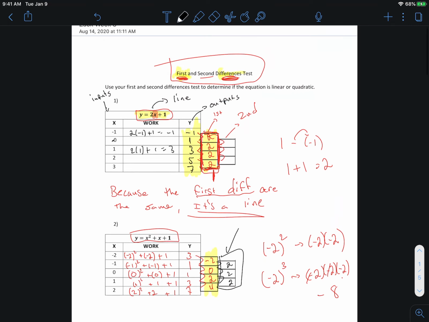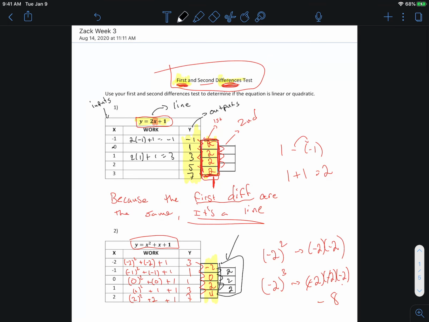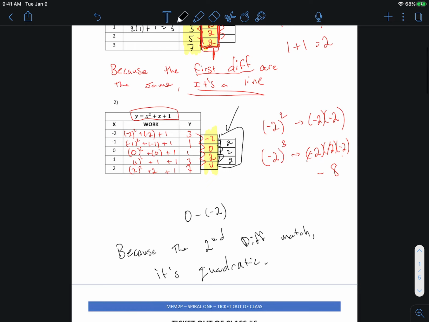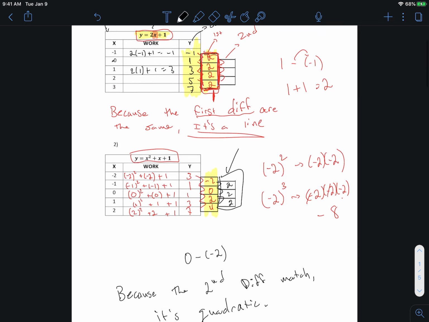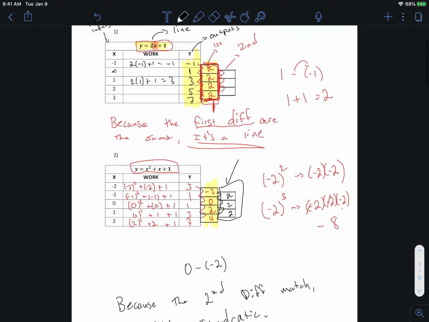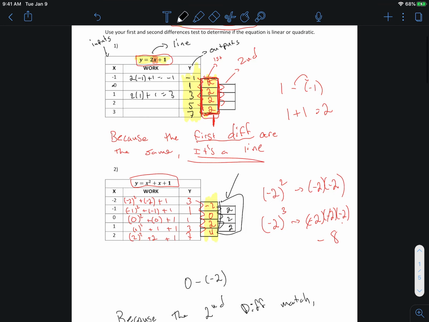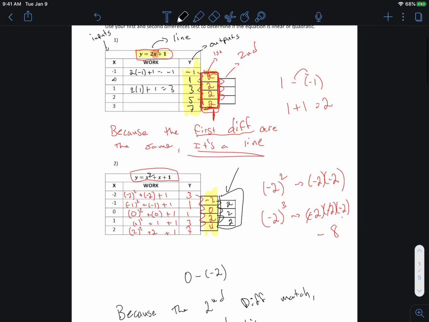This was my way of connecting you between lines and quadratics. So you can see the difference. You can explain it now. The other thing you can look at is if there's a square there, it's a quadratic. If it's a 1 on the x, it's a line. But that's not going to be enough to give you full marks. You can talk about the first differences, or the fact that you're always increasing by 2 for a line.